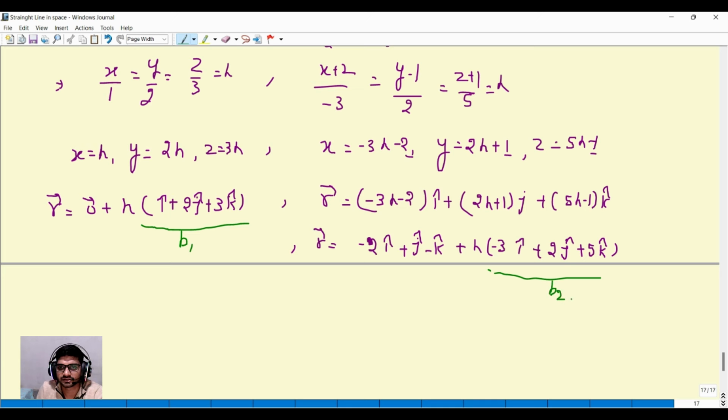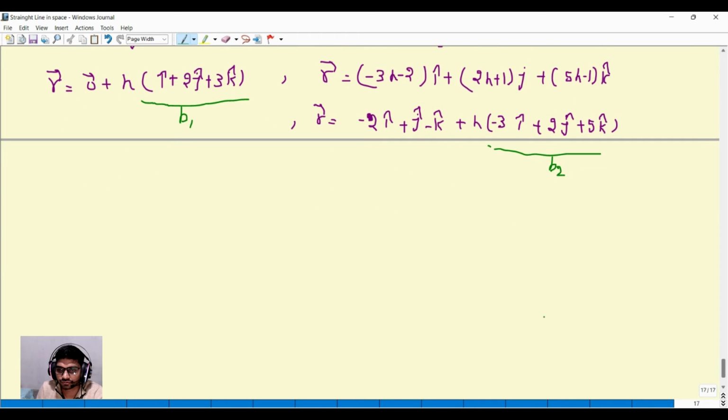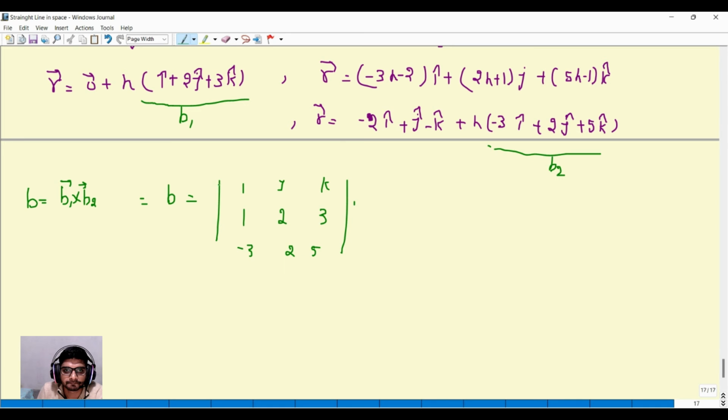So what are b1 and b2? How do we find b1 cross b2? This is b. So b1 cross b2 is given by the determinant of i, j and k. The coefficients of b1 are 1, 2, 3 and of b2 are minus 3, 2 and 5. So this will give the b vector of the required equation.